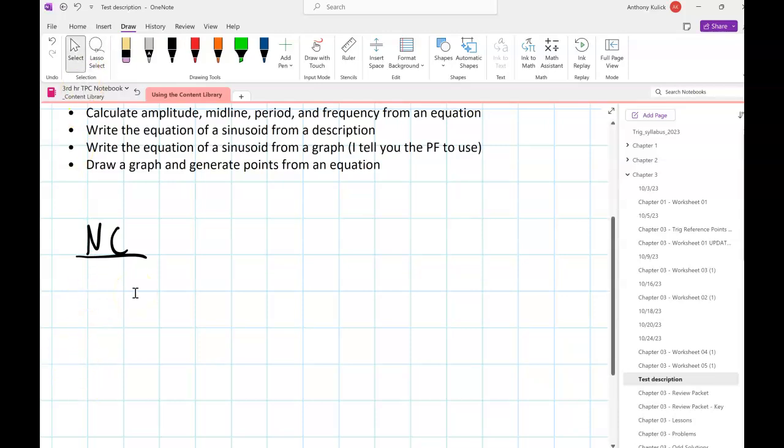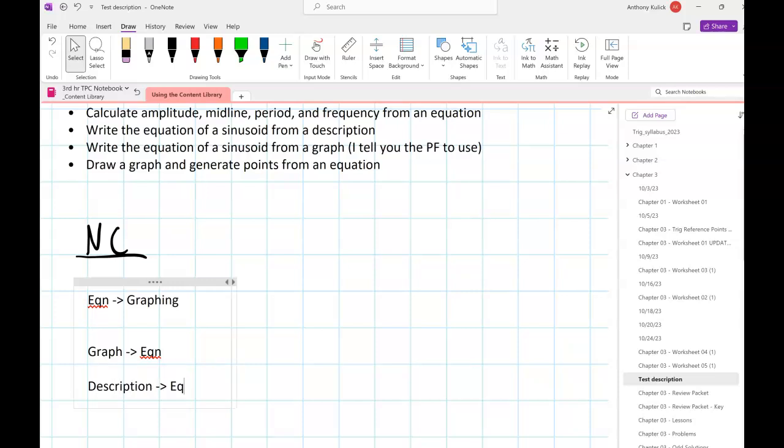So I'd have graphing, or maybe I just do equation to graph, graph to equation, and then description to equation.